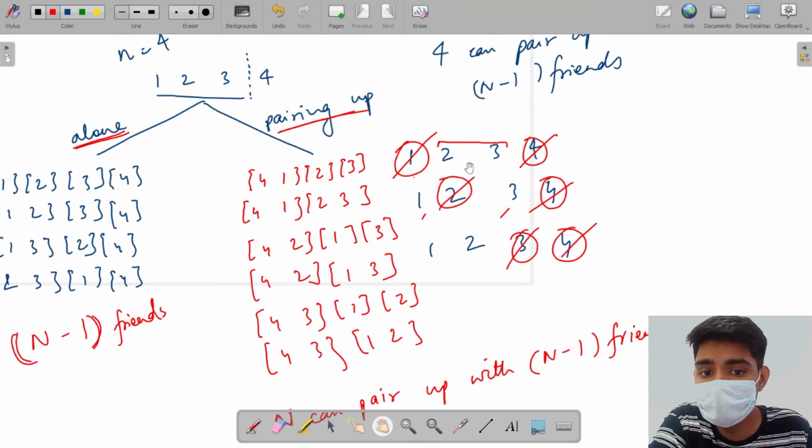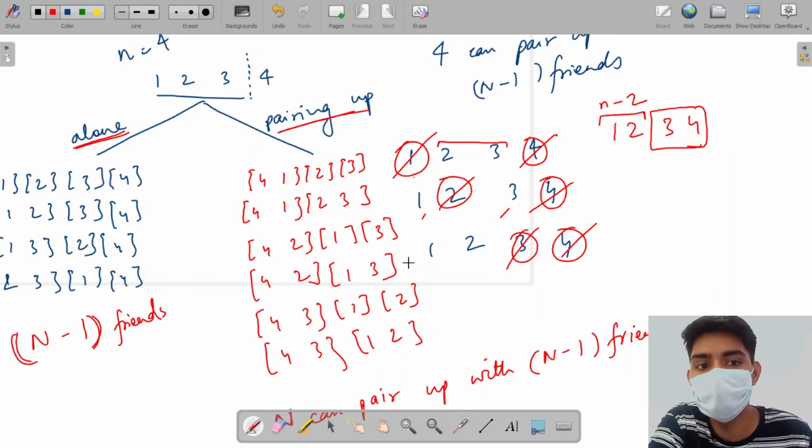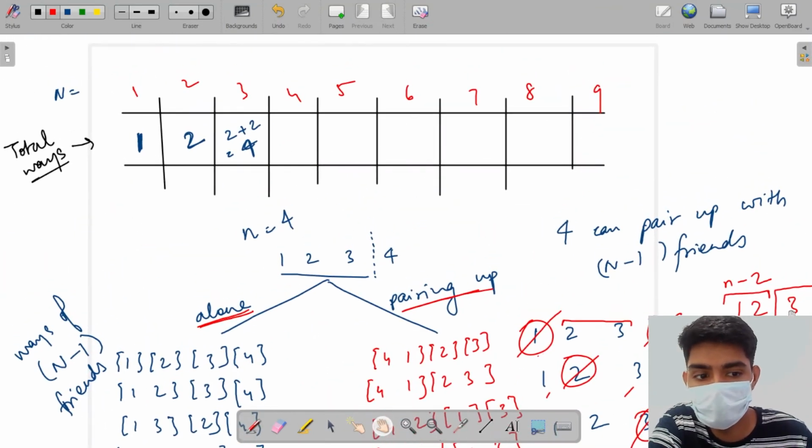We know that. Okay. What is the next thing? The next thing is the number of people remaining. Let's say we have 1, 2, 3 and 4. If 3 and 4 pair up, we have n minus 2 people left, right? For n equals 4, n minus 2 is 2, and the number of ways for 2 are 2.